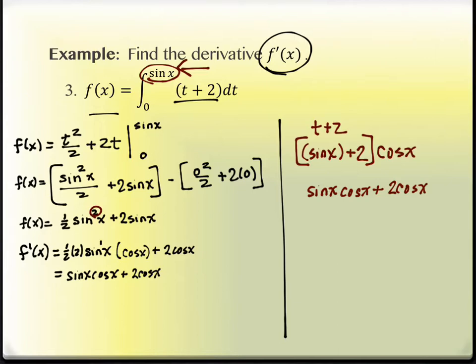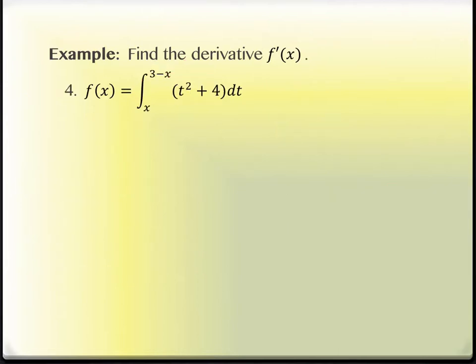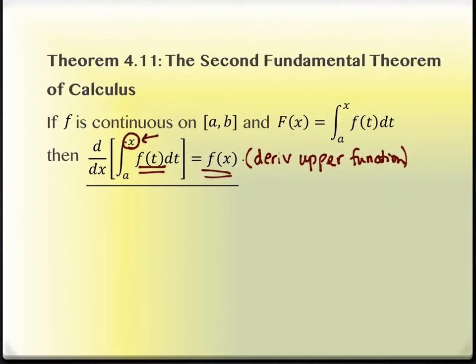So let's try another one so you can see it happen again. If you notice on this one, there's another piece going on that's a little bit different. Take a look at this. How is this problem different from, in particular, this expression on the left?